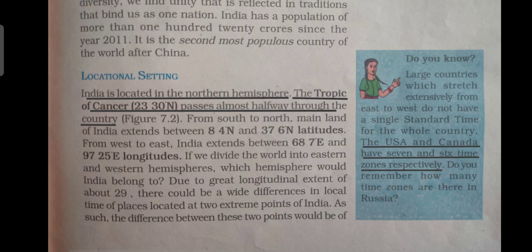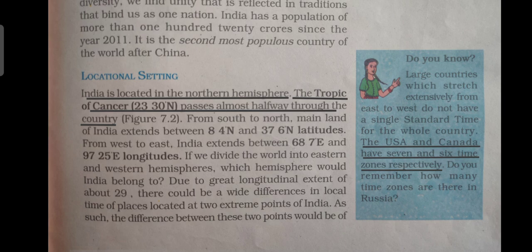That was from south to north. Now from west to east, India is located between 68 degree 7 minute east and 97 degree 25 minute east longitude. So this is the exact location of India on the earth.